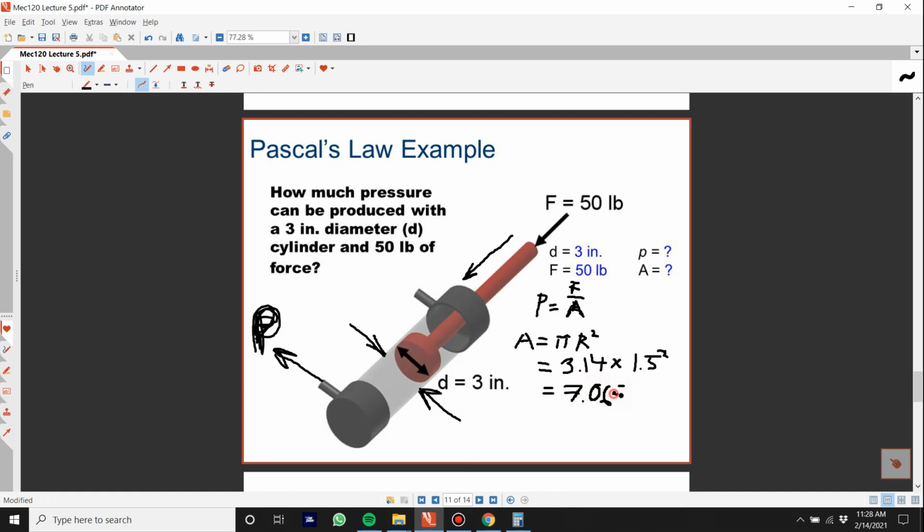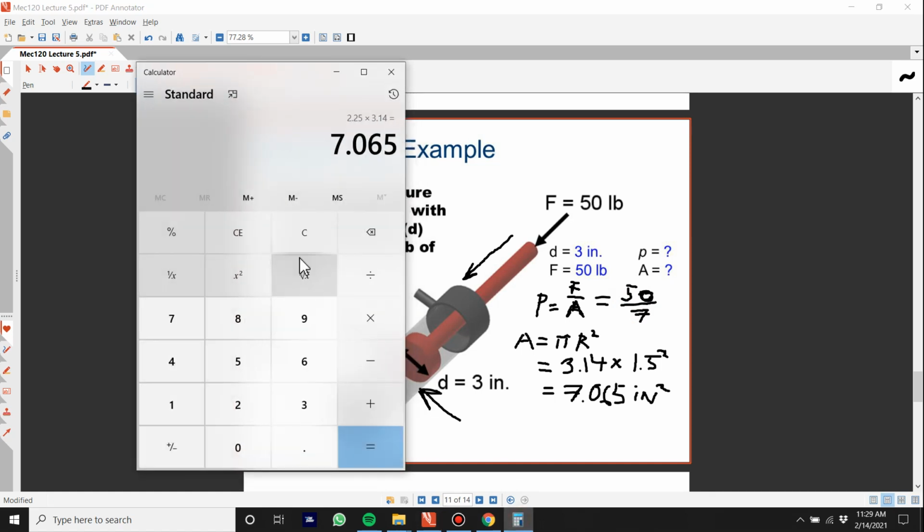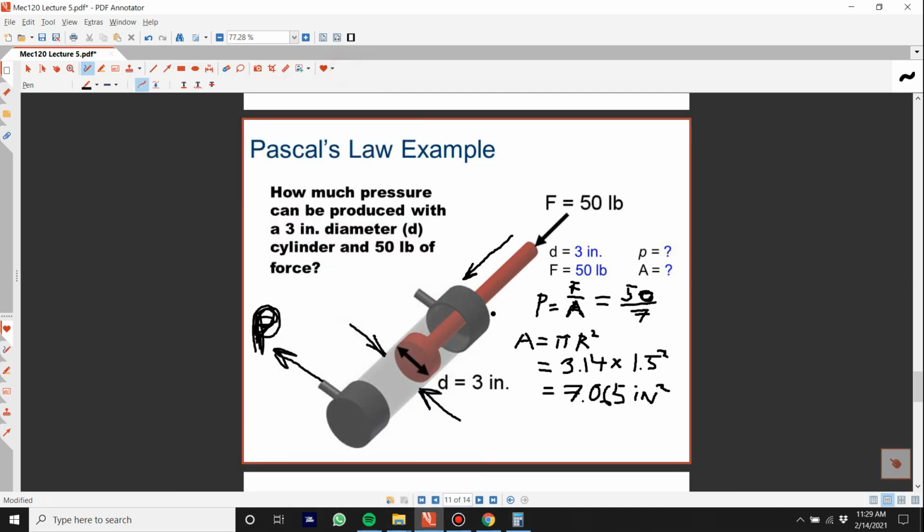What a pain. Alright, and then I have P is 50 divided by roughly 7. 50 divided by 7, I'm going to get 7.14 psi.